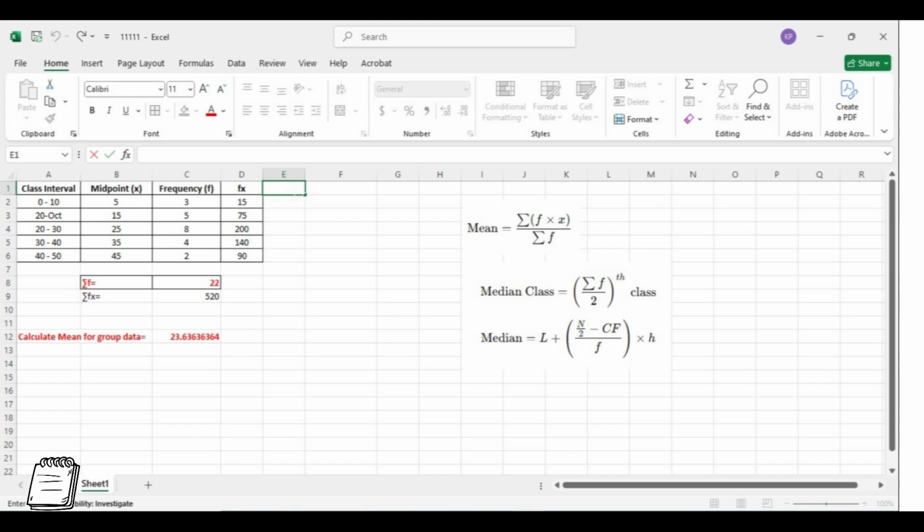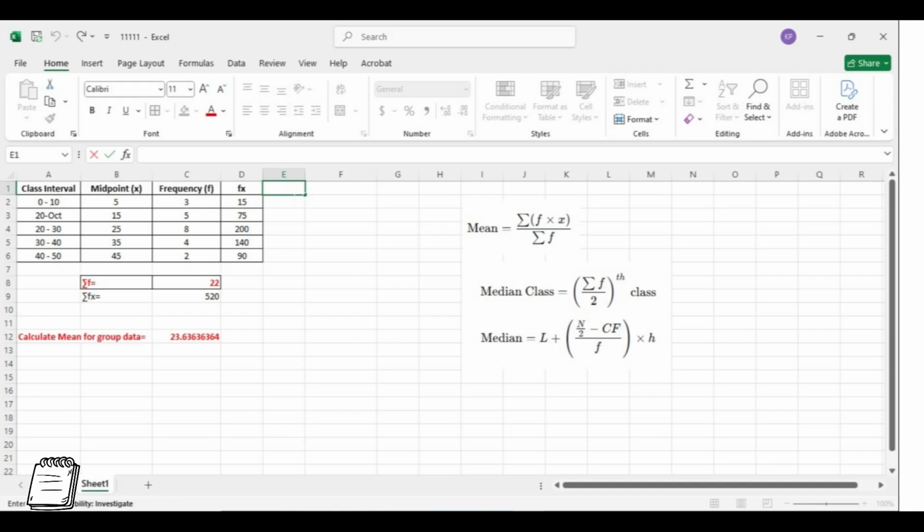The formula is equal to L, meaning the lower limit of the class interval, plus, into the bracket, n by 2.